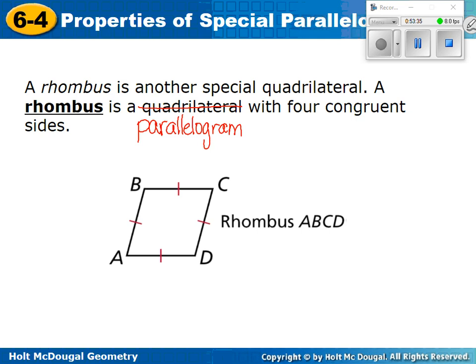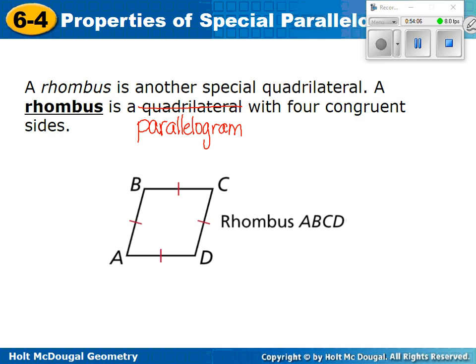But we also said it's a parallelogram, so the next property that we're going to write down is that it has all 5 properties of a parallelogram, just like the rectangle. So it has all 5 properties of a parallelogram.